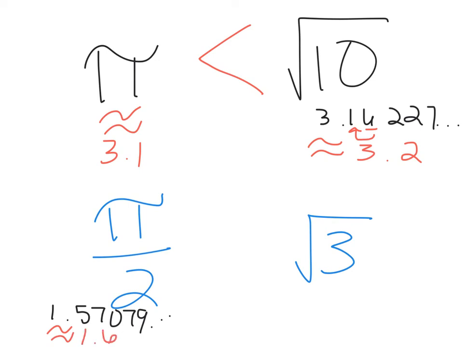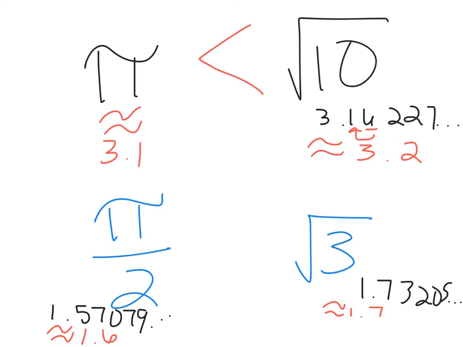Because the 7 tells me to round the 5 up. What about the square root of 3? Square root of 3 is 1.73205, and the decimal approximation for that is 1.7, right? Approximately.